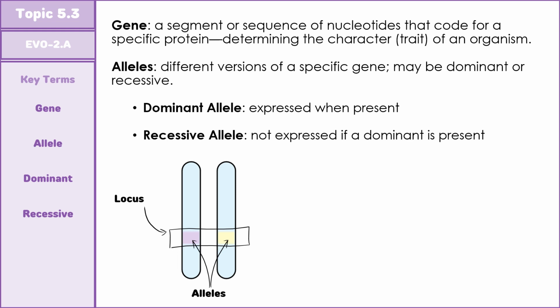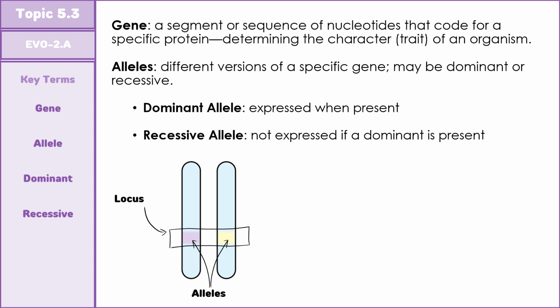And alleles in Mendelian genetics come in 2 different flavors. We have dominant alleles, which are expressed when they're present, and we have recessive alleles, which are masked if in the presence of a dominant allele, and only expressed if we do not have a dominant present.